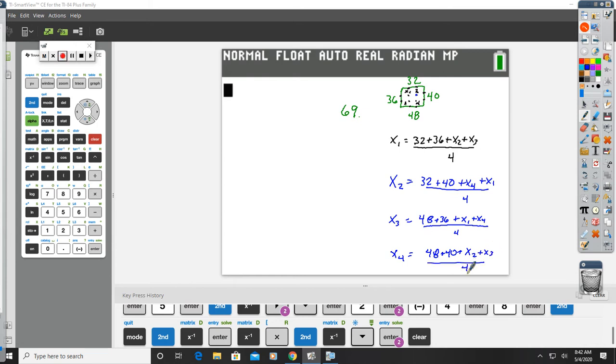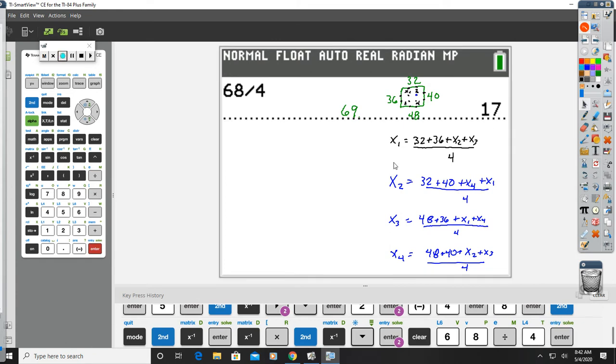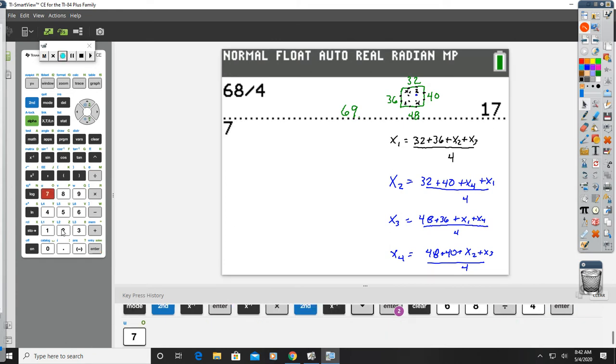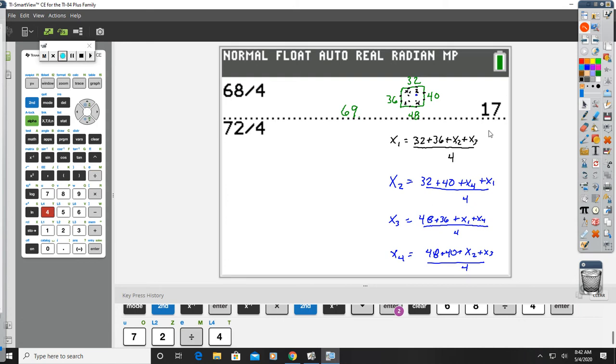All divided by 4. So what I am going to do is simplify these. 32 plus 36 makes 68, and then I'm going to divide it by 4. So 68 divided by 4 is 17. 72 divided by 4, that's the 32 and the 40.